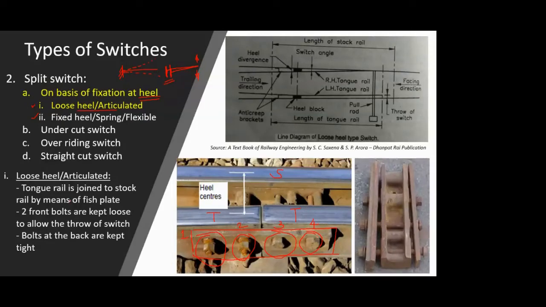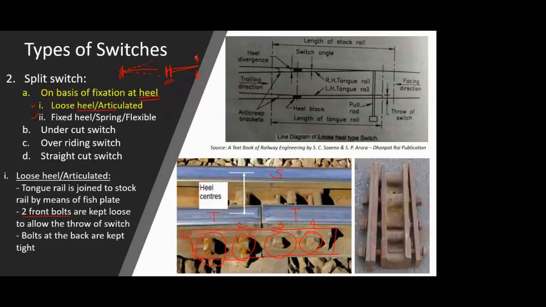So what is done in the loose heel or articulated type is that the tongue rail is joined to the stock rail by means of a fish plate, and the 2 front bolts are kept loose. Bolts number 1 and 2 are kept loose so that movement can be allowed.